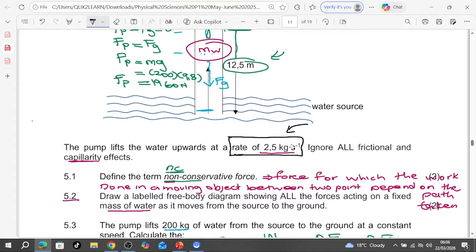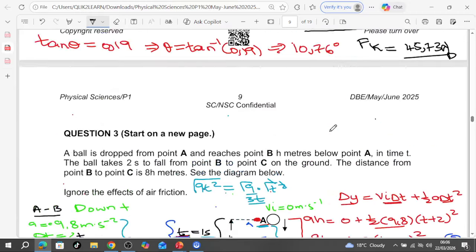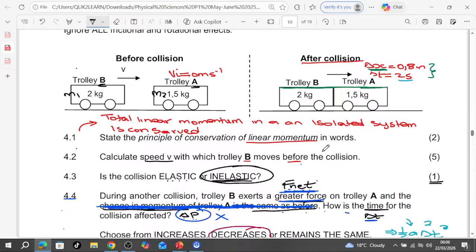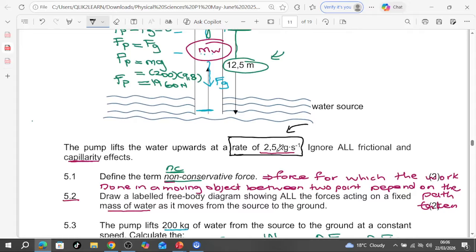So now, looking at this, what is 2.5 kg per second? Guys, I know that most of the time when you're doing the CAPS, you normally don't get this kind of SI unit. But now, because the question paper is a sub exam, remember this is a sub exam, anything can happen on this question paper. That's the issue with the question paper, anything can happen.